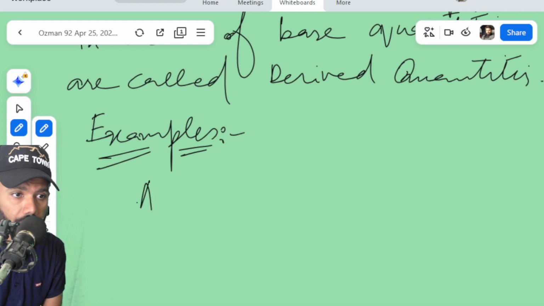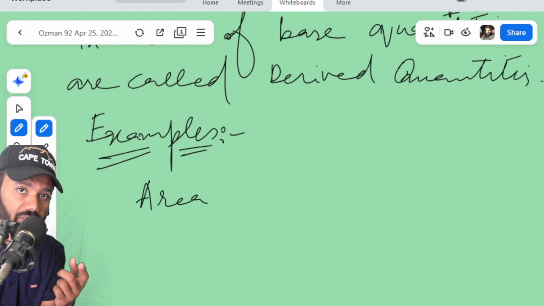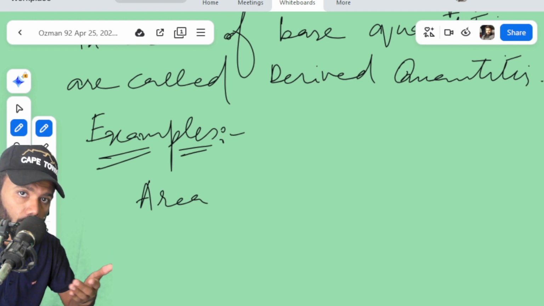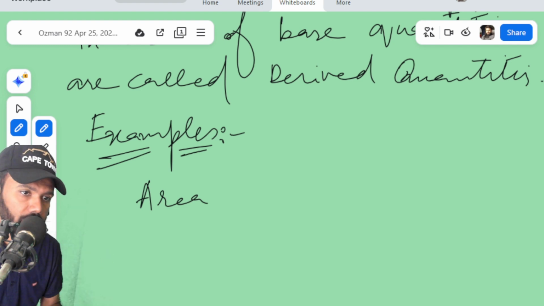like area. Area is definitely a derived quantity because area is derived by using base quantities, right?